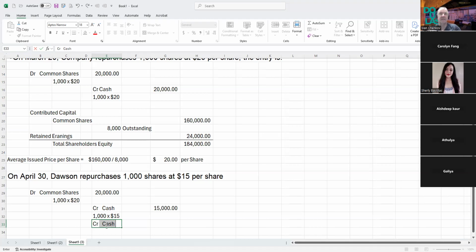Is it gain? Is it loss? Is it profit? What is it? Let's go back to the definition of gain. Gain is the difference between purchasing and selling. Is that what we have right now?